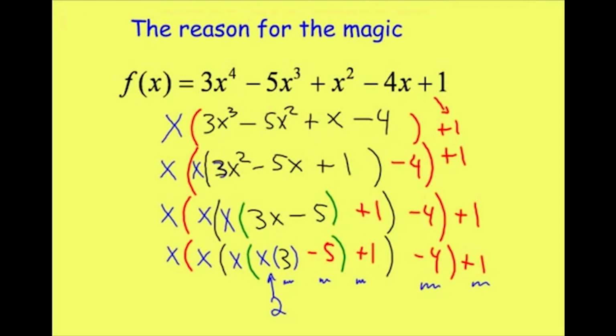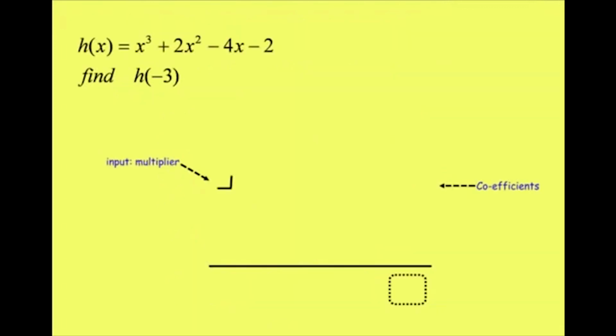So it followed from an add down of 3 and a multiply of 2, and then adding the next coefficient of negative 5, multiplying by 2, adding the plus 1 coefficient, multiplying by 2, going through and taking that total and adding the negative 4, multiplying by 2, and then that last step of adding the 1 back in. So those coefficients come into play there as adding to the previous total, and each time we're multiplying by the x, which was a 2.